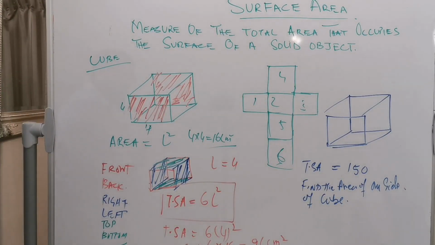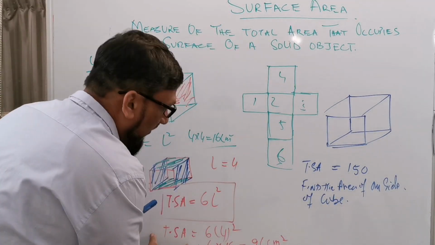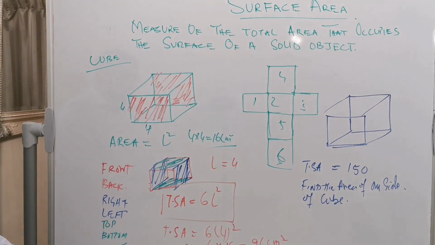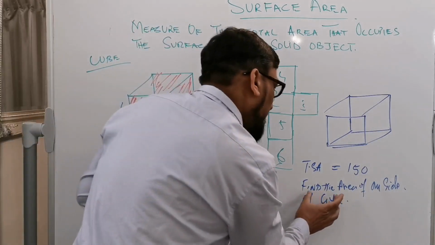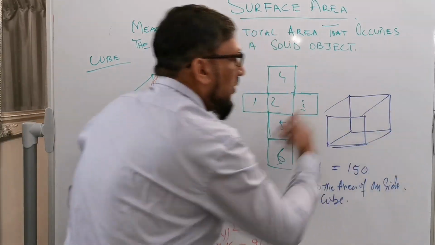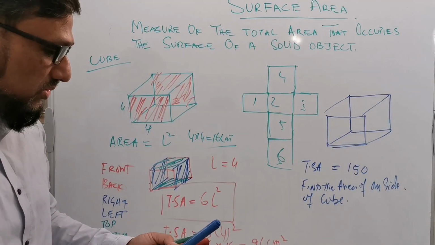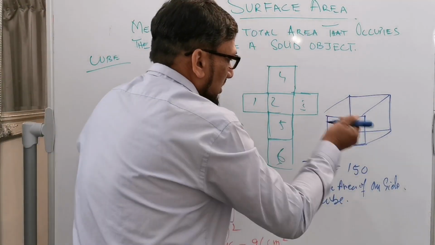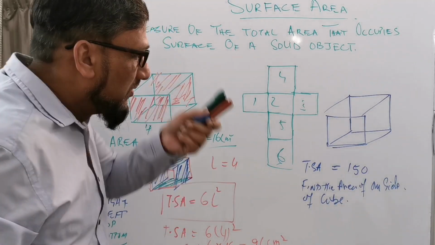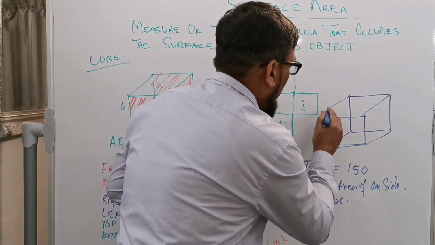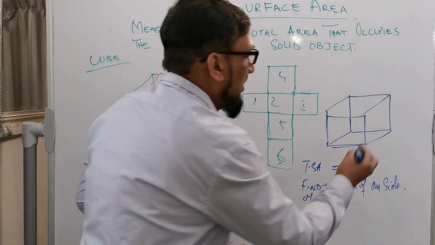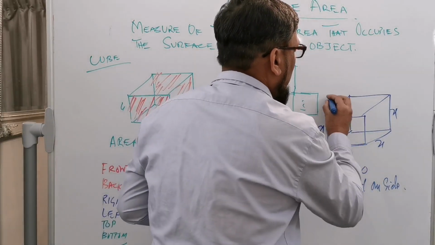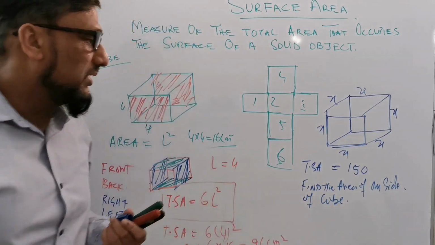How do you work it out? The same way, you put the values in this formula. The total surface area is already given, and the area of each side we don't know. As in my algebraic expressions video, if we don't know something we can write it as x. Very simple.